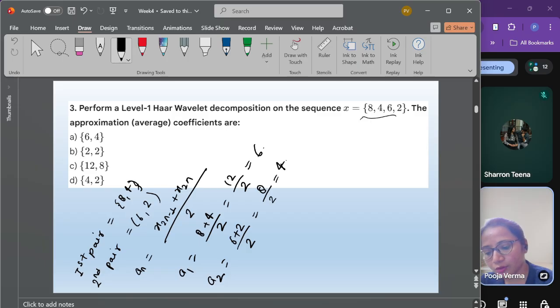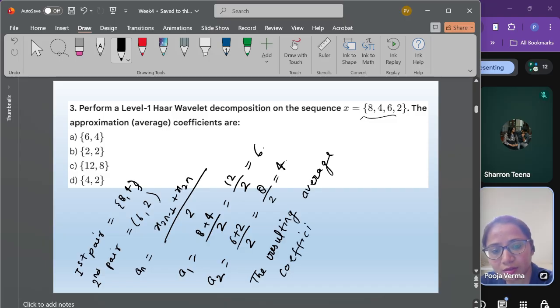So the resulting approximation vector, or the average coefficients, are 6 and 4, right? So option A is the correct answer for this question.